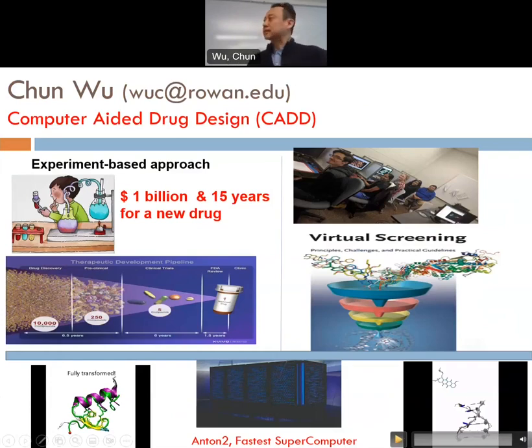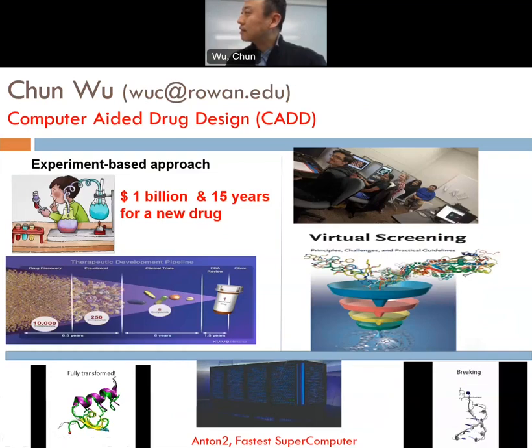With those tools, we can also study how the drug interacts with the drug target. In this case, it's a cancer drug, the first lung cancer drug, and we can simulate its binding process. It starts with base pairing, opening, and insertion.